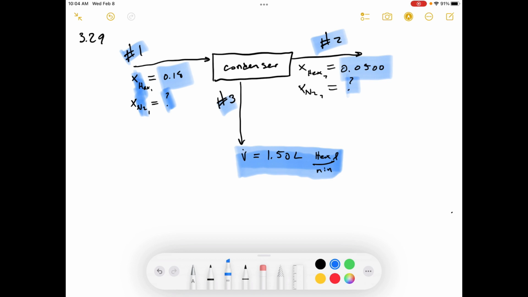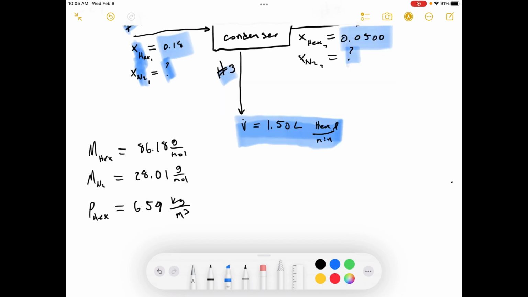So we'll need the density and the molar mass. Okay, so let's grab that from the back of the book. Okay, so we've got our molar mass of hexane, our molar mass of nitrogen, and our density of hexane.